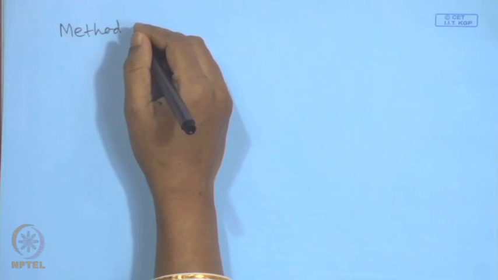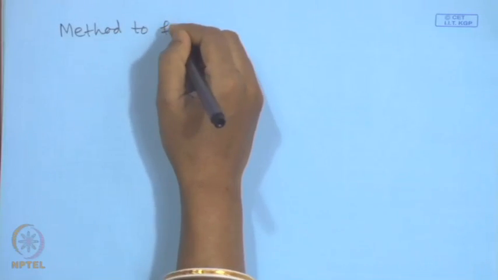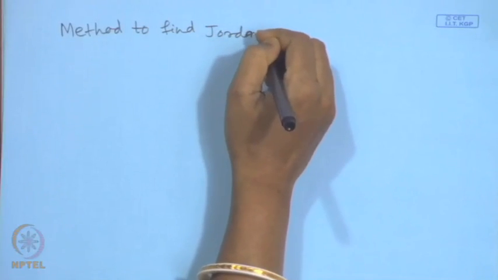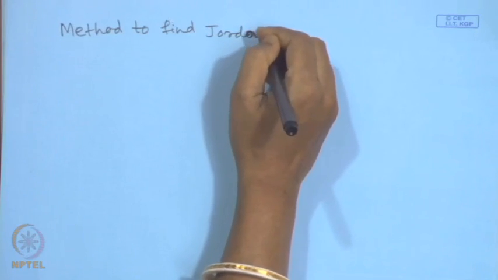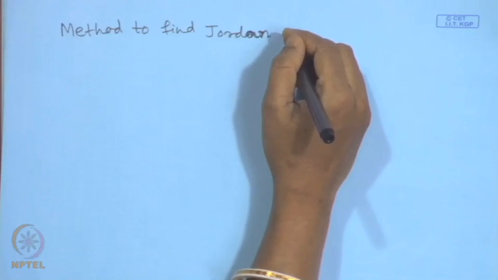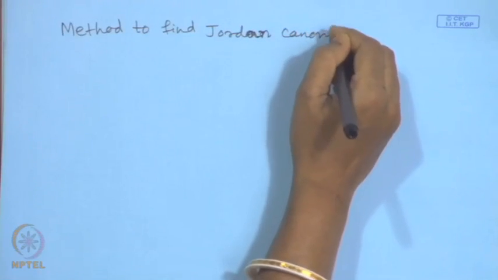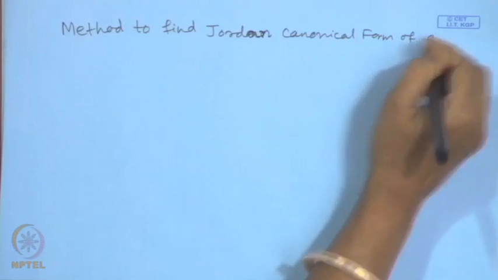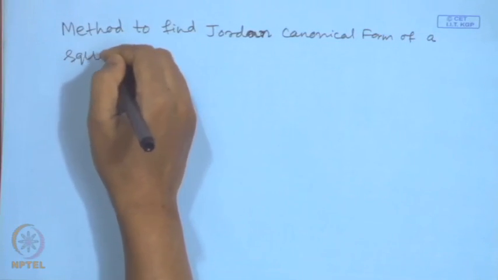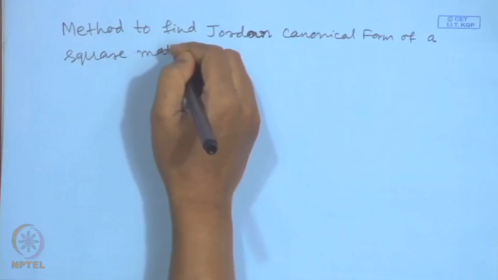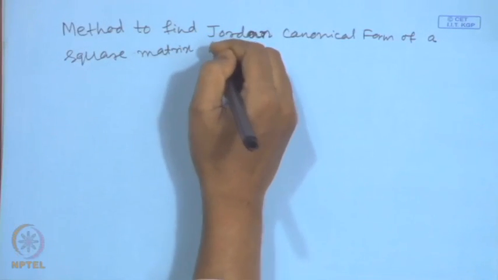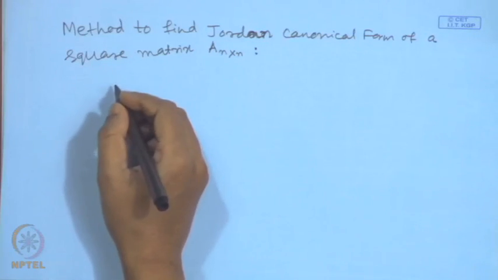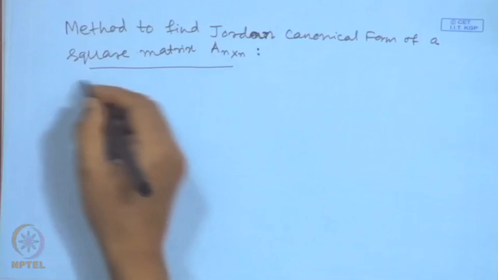So, the method to find the Jordan canonical form of a square matrix A of size n is like this.